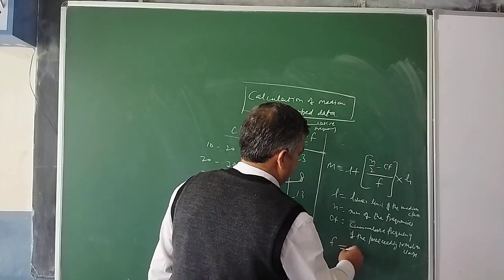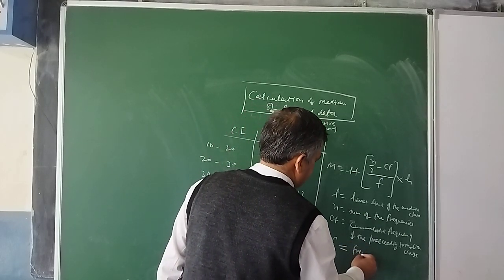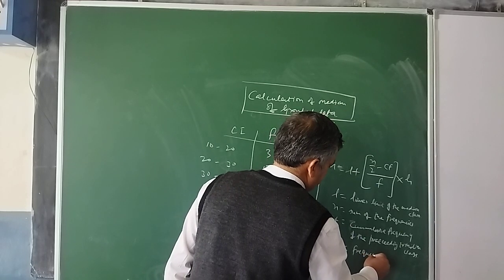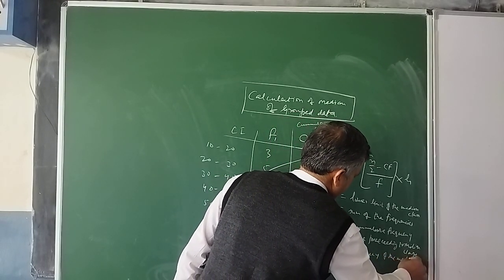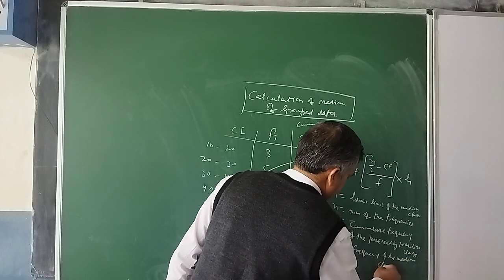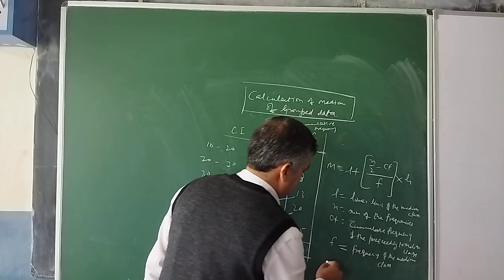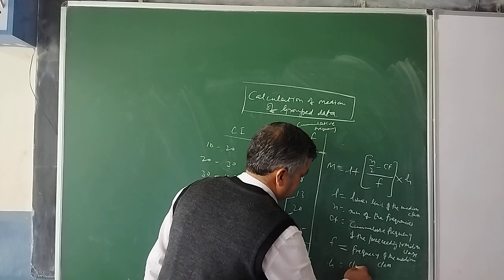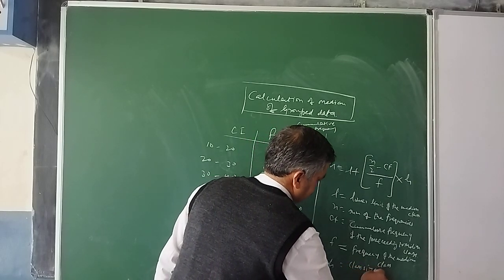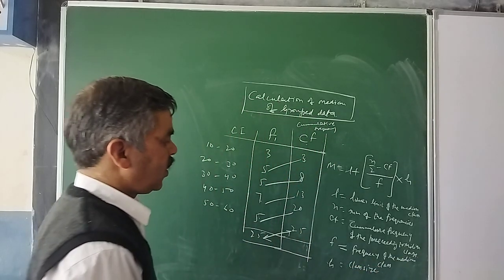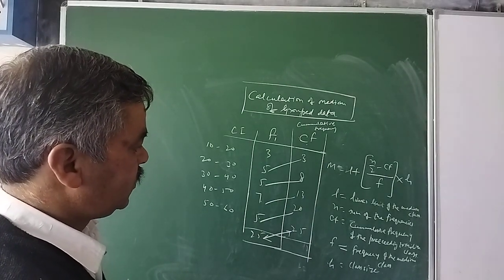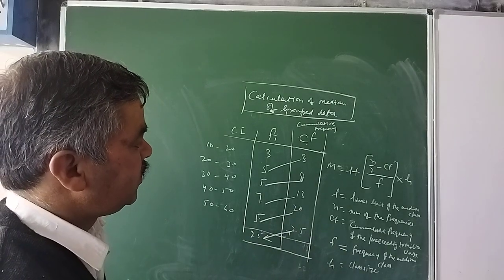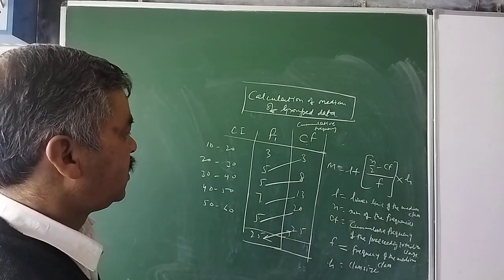F is the frequency of the median class, and H is the class size. So all this information you need to clarify within yourselves before calculating the median of the grouped data.